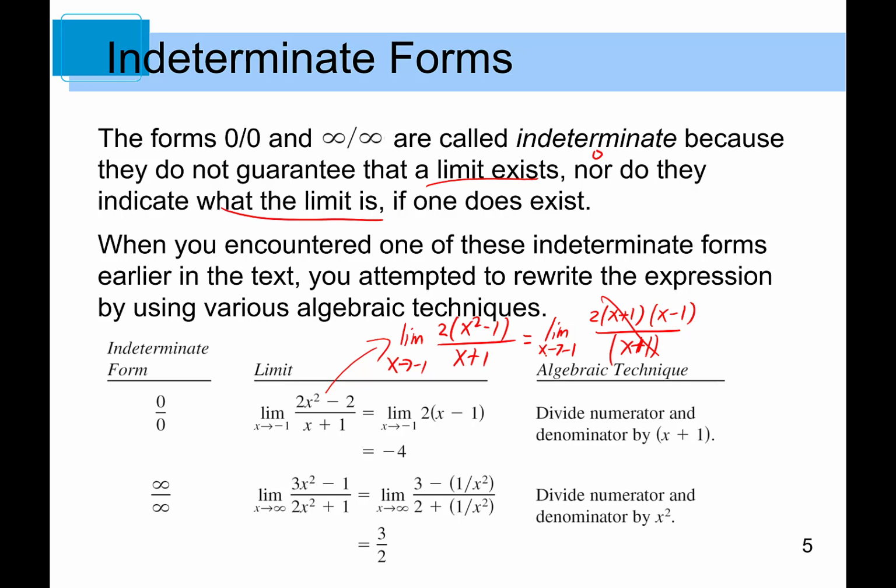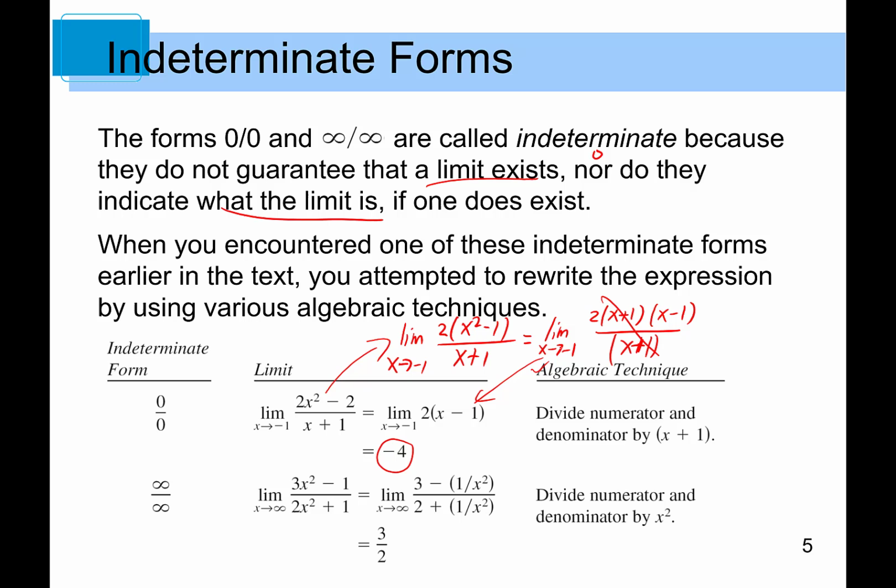That's why you end up with this limit where x approaches -1 of 2 times (x minus 1). Now you can do direct substitution, replace x with -1. Now you end up with -1 minus 1 becomes -2, -2 times 2 making -4. So this limit is equal to -4.